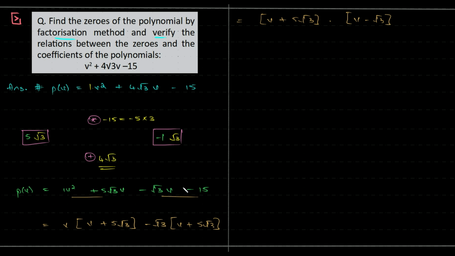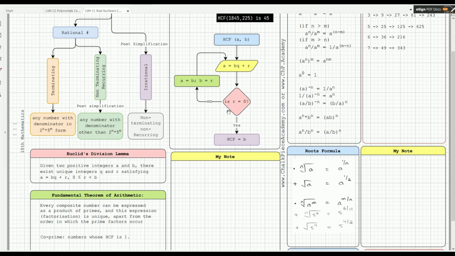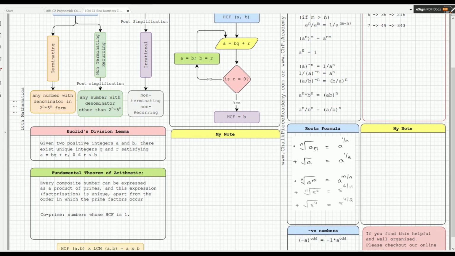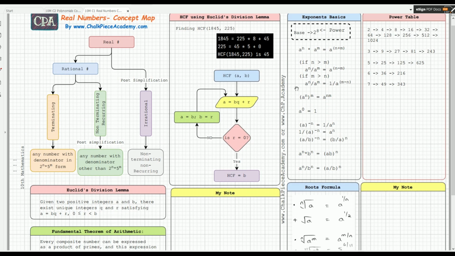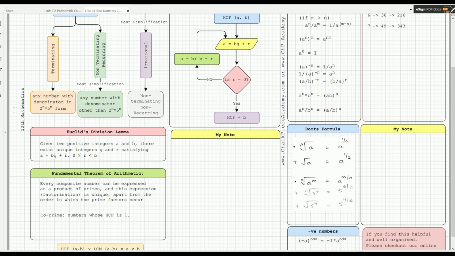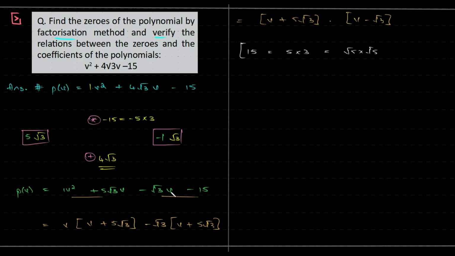But yes, the explanation about how 15 converts into 5 root 3 when we take out root 3 common, that I'll explain. See, 15 can be written as 5 into 3, and 5 can be written as root 5 into root 5. Again, all of this is in your fundamentals, the first chapter on roots, with quite a few examples, and the concept is very clearly explained there.